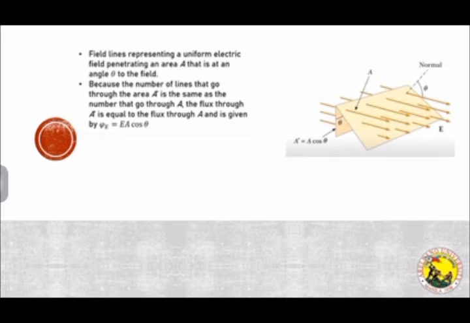Note that the number of lines that cross this area A is equal to the number that cross the area A prime, which is a projection of area A onto a plane oriented perpendicular to the field.